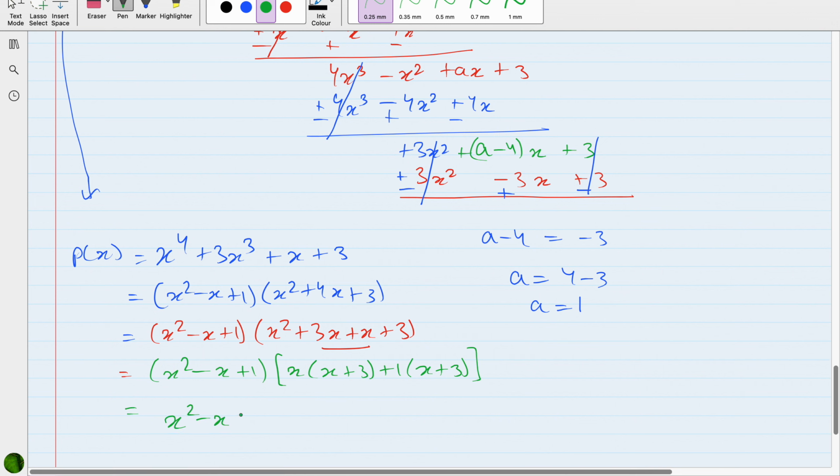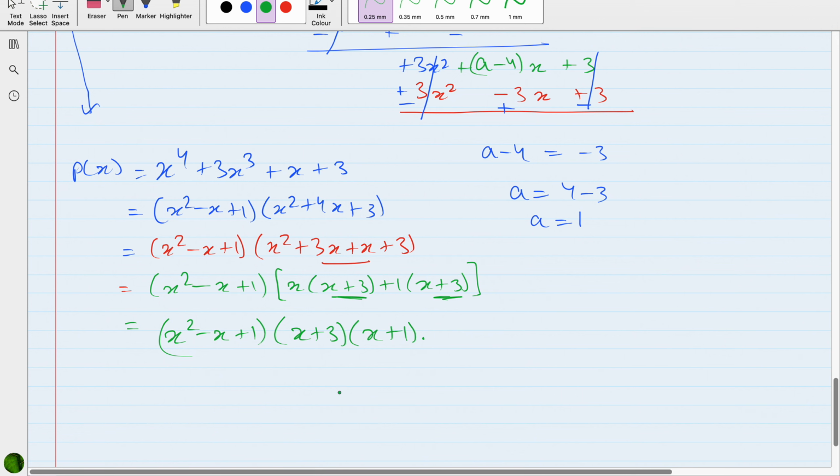X square minus x plus 1, and rearranging them, we get x plus 1. So this is the final factorization, and value of x would be x plus 3 is equal to 0, x is equal to minus 3. On the other hand, x plus 1 is equal to 0, x is equal to minus 1.